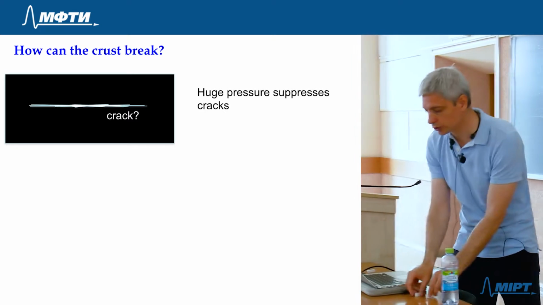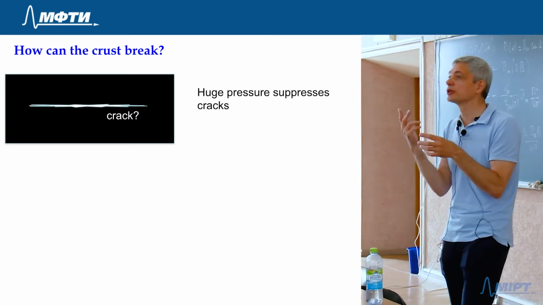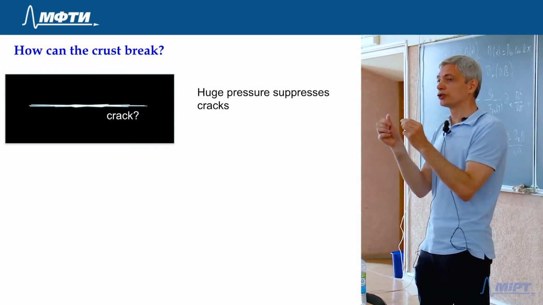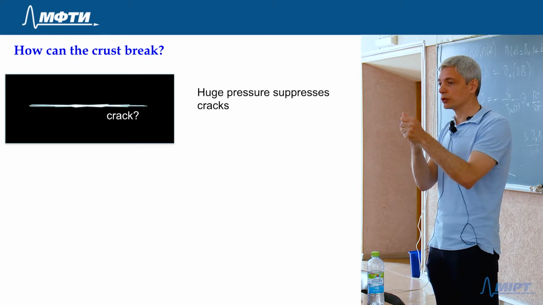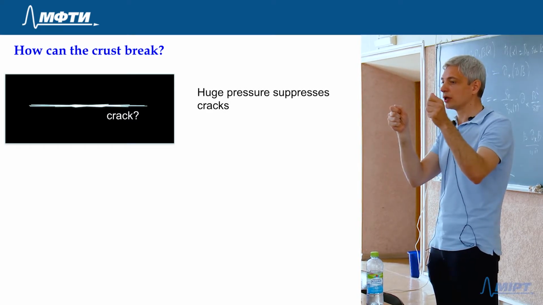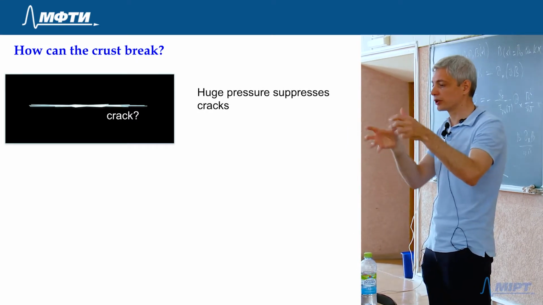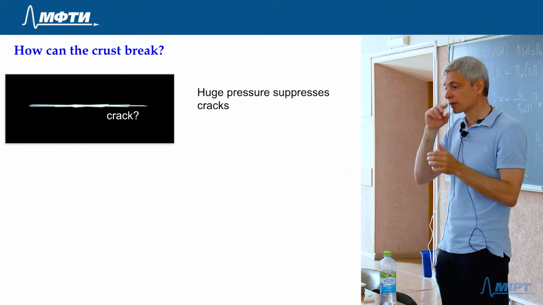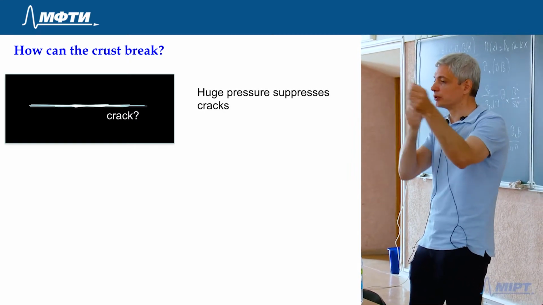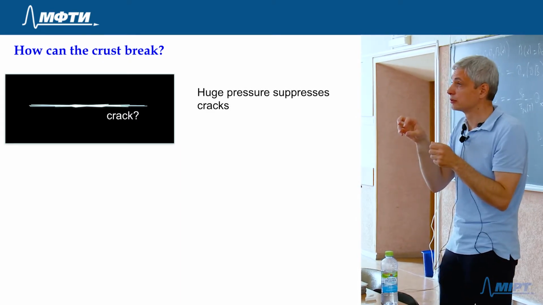Also, remember that when we talk about breaking the crust, we are breaking the lattice, the ion component. We are rearranging the positions of the ions from their regular initial configuration in the lattice, so the lattice begins to move. So we are working against Coulomb interactions between different ions in the lattice, which is much smaller.